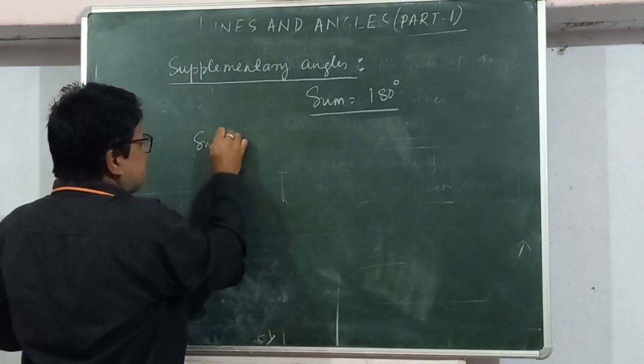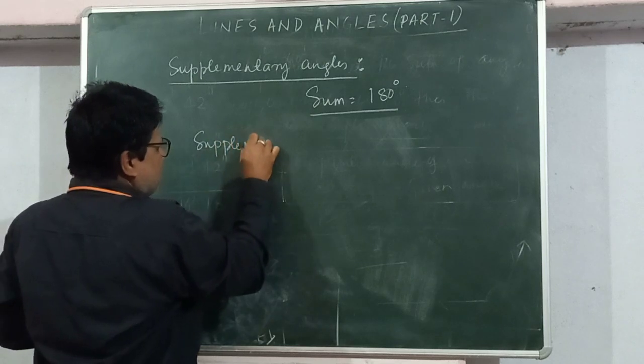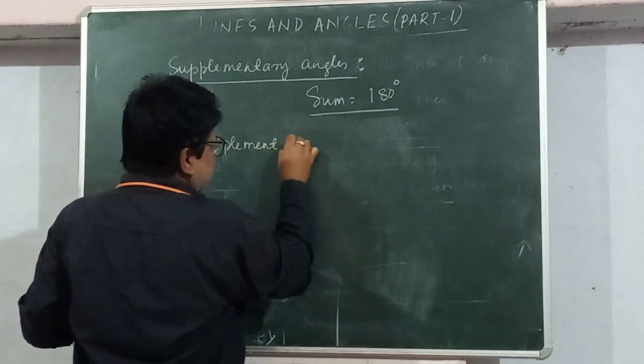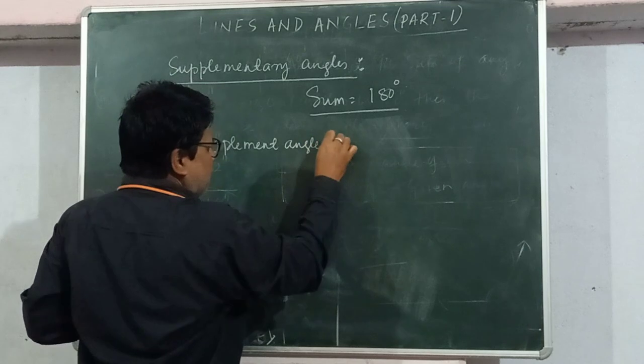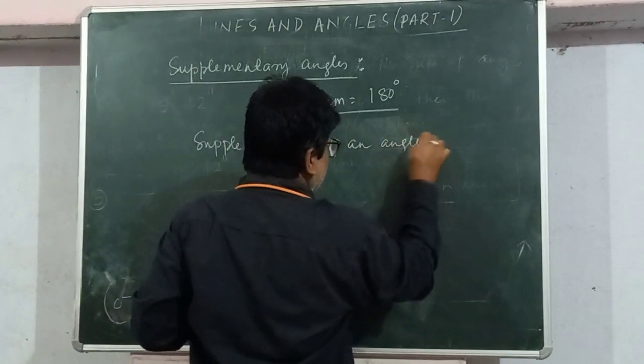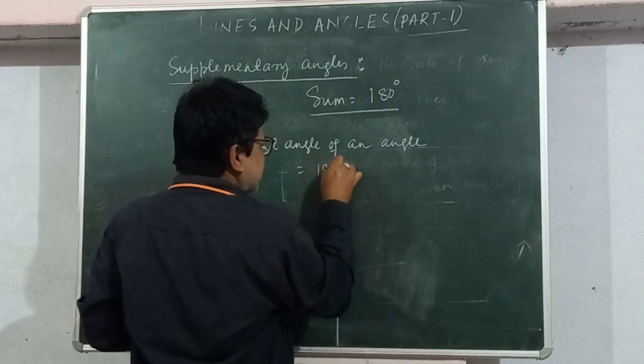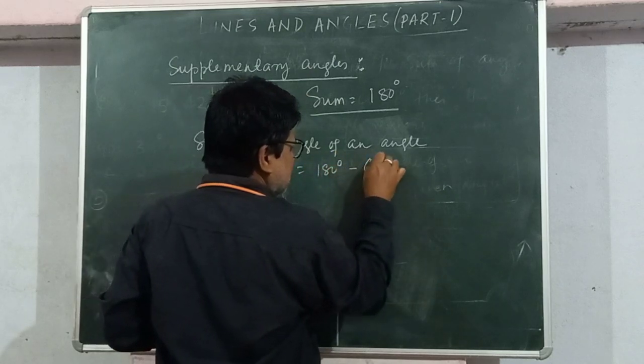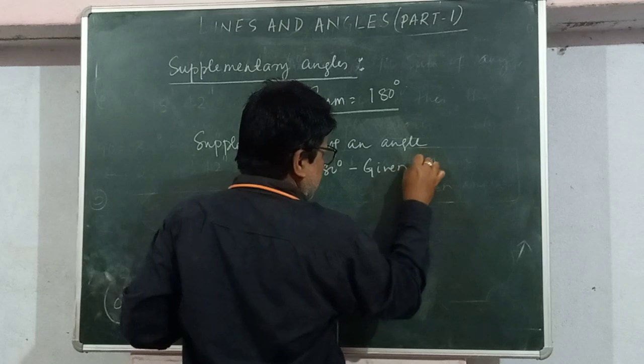Supplement angle of an angle is equal to 180 degree minus given angle.